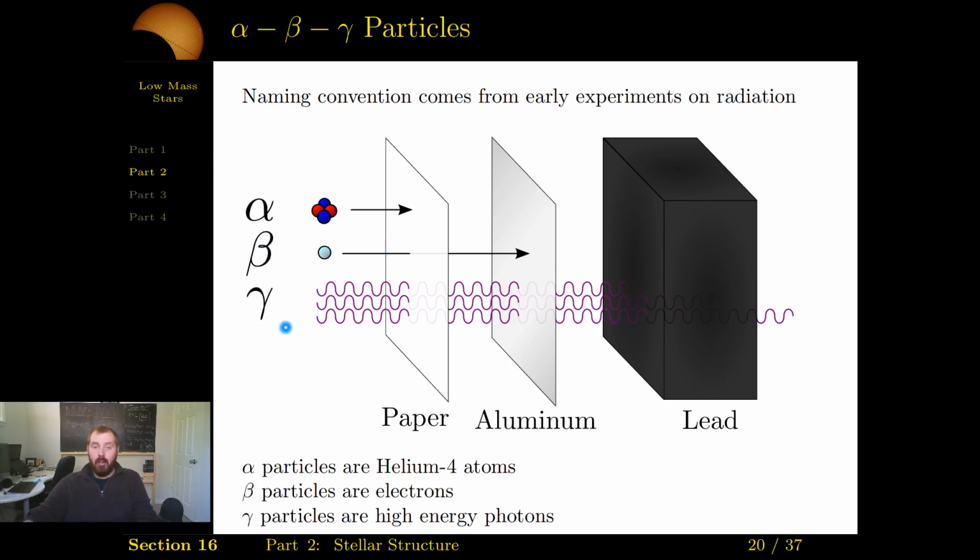Whereas the gamma particles, they're high energy photons. Very dangerous. These things will penetrate through tons of things. This type of gamma ray radiation could potentially get through a block of lead. It is that energetic. So, with this tangent away, let's remember that the triple alpha process is named so because it involves helium nuclei flying around. The alpha means helium.